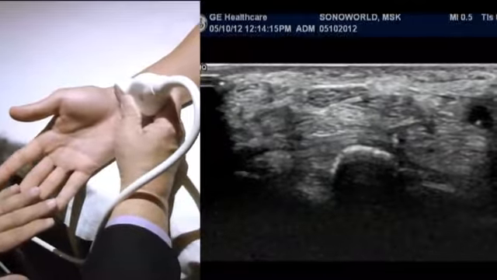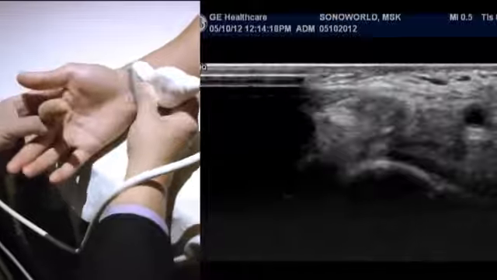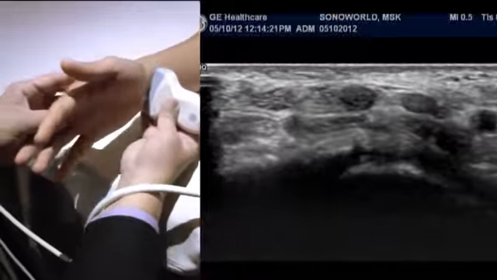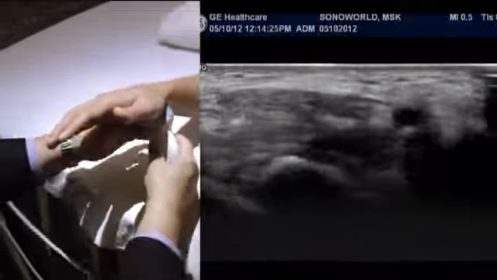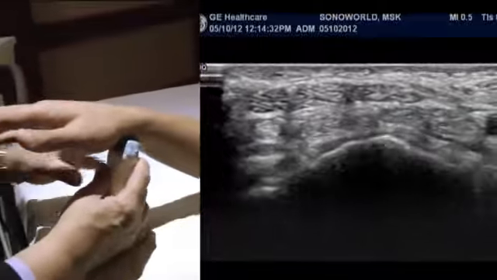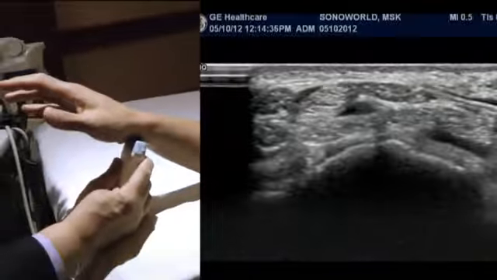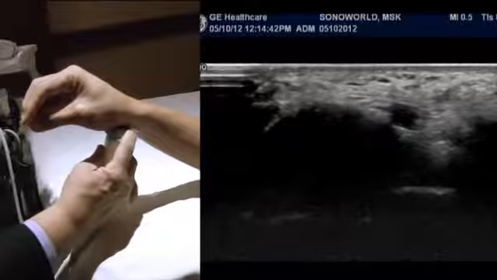But in actuality, as the cameraman zooms out, most of the natural type of work that occurs is going to be in pronation rather than supination. We're now going to leave the transducer this way, and we're going to ask the model, Mike, to go ahead and press all his fingertips together and look at the translation of the median nerve.